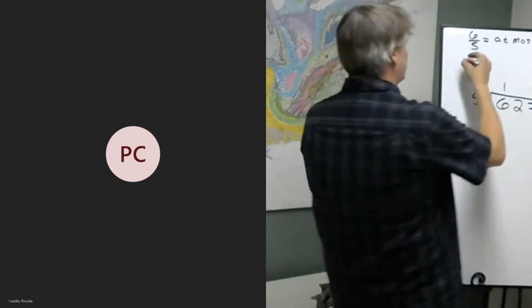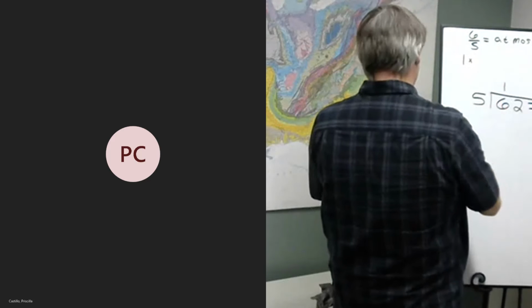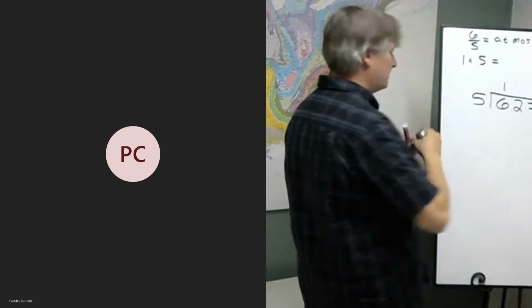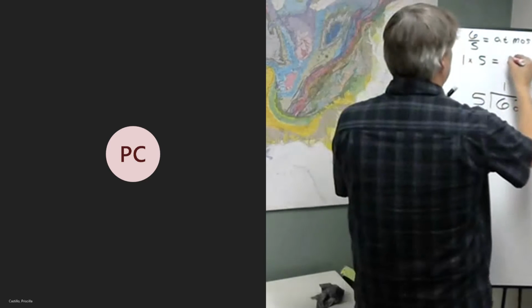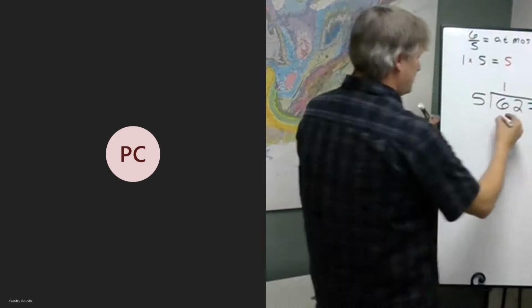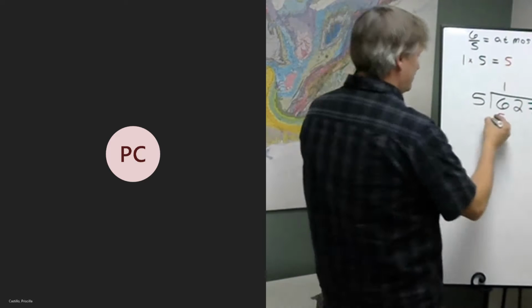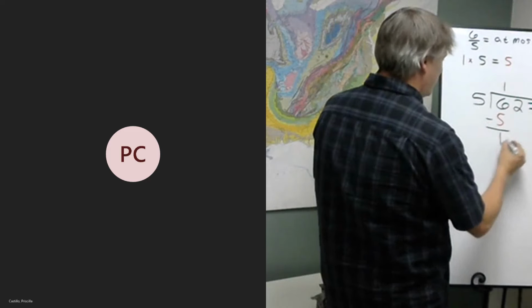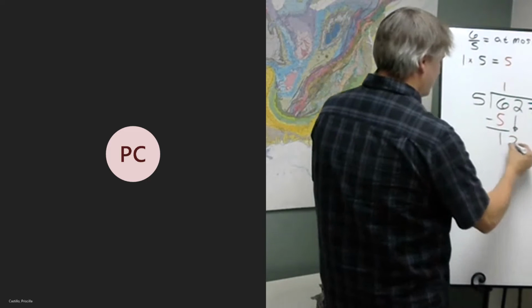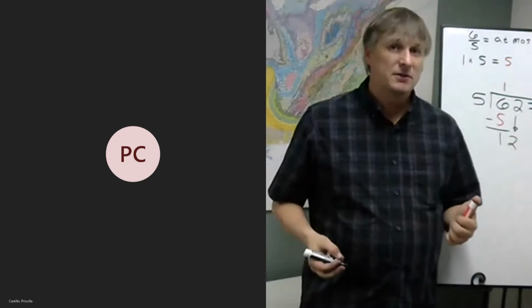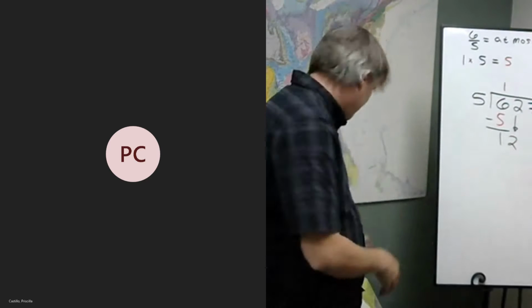Then we take this one, we multiply it to the 5 to get 5. So we put that 5 down here. Subtract, we get a 1, bring down a 2. And that's our first cycle of division. This is just long division.